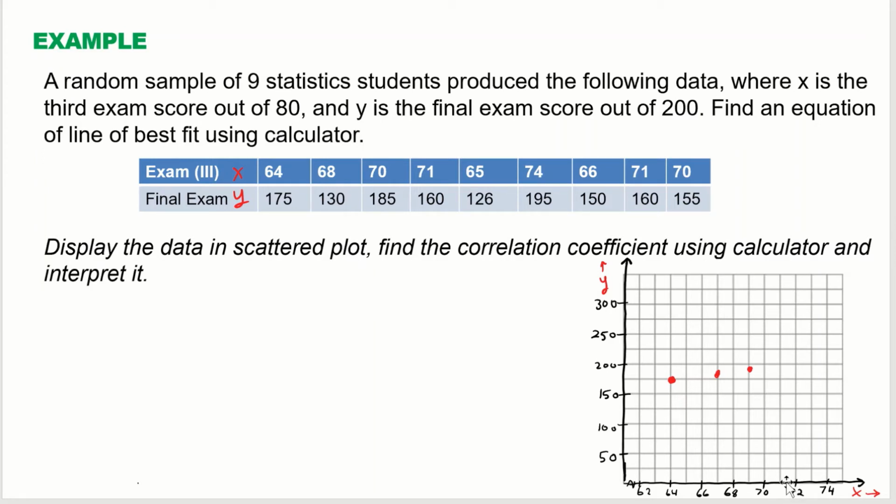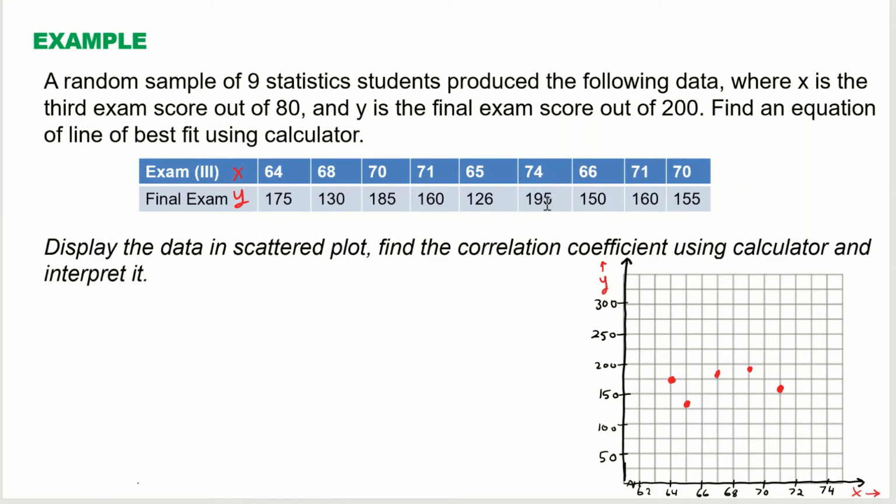And then 160, 150 is here, so 160 will be a little bit up. That is 71, 160. Next we have 65, 126. 65 is here, and 125 is here, 126 is a little bit above that. So 126 is that point, 65, 126.